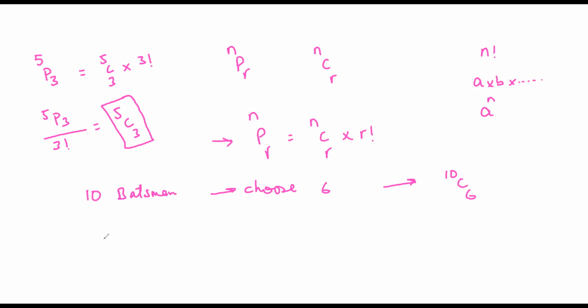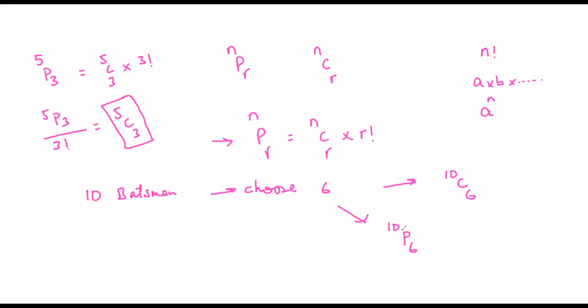But suppose you have to choose 6 batsmen with an appropriate, effective batting order. If you follow cricket, you must know that a batsman can be an opener, or come 1 down, 2 down. There are different positions. That is called the batting order of your team. So if you have to consider the batting order while choosing these 6 batsmen, then you will be finding 10P6.